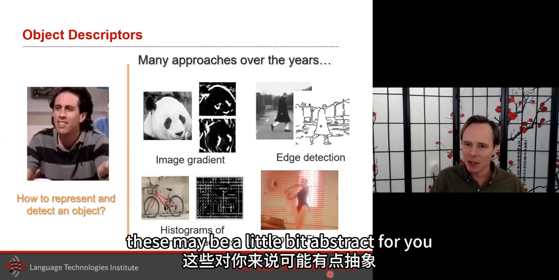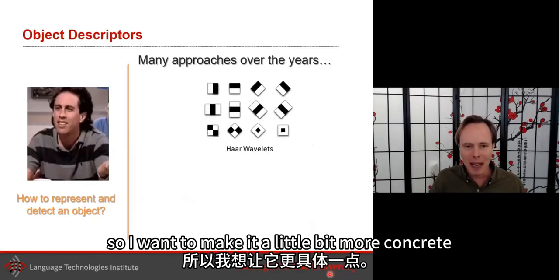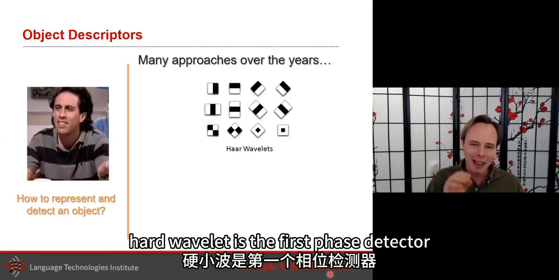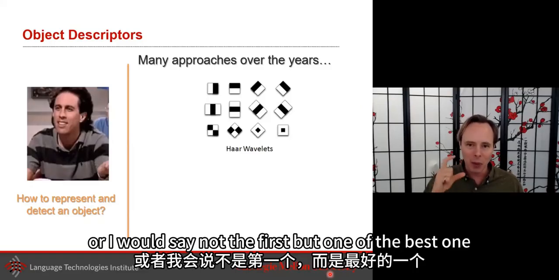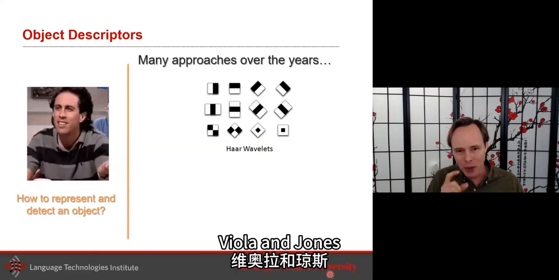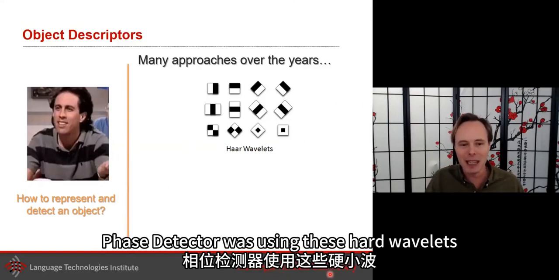These concepts may be a little bit abstract for you, so I want to make them a little bit more concrete by introducing the concept of Haar wavelet. Haar wavelet was one of the best face detectors in the early 2000s: the Viola and Jones face detector was using these Haar wavelets.